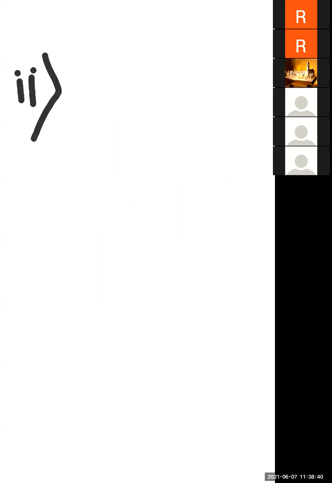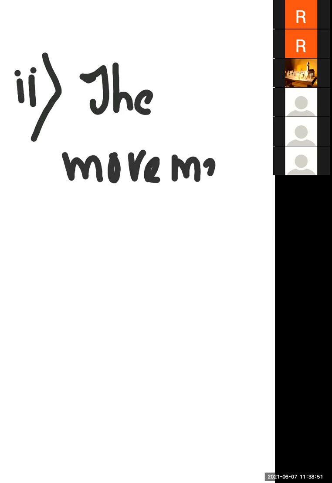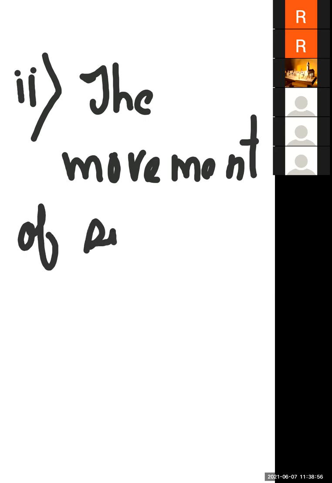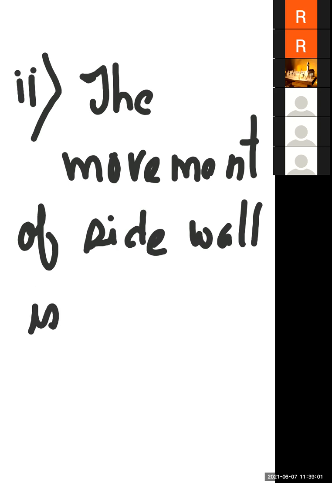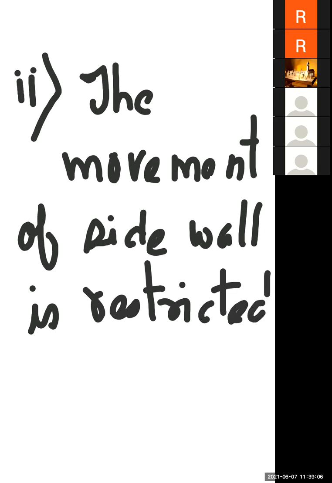Second one, the movement of the side wall is restricted. It means there is no expansion and contraction between the joints.